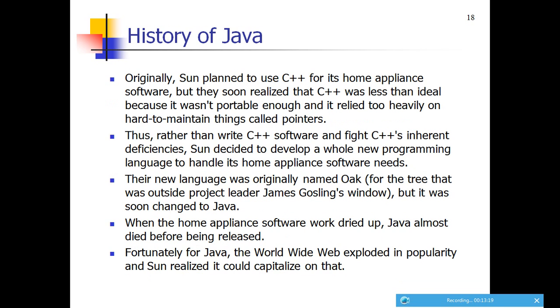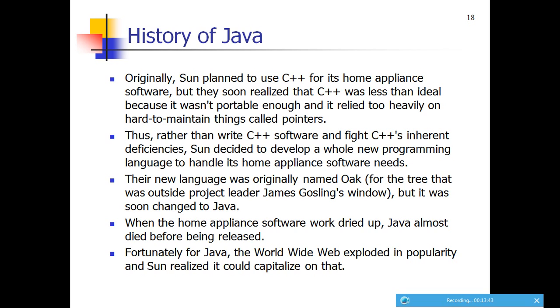Originally Sun planned to use C++ for its home appliance software, but they soon realized C++ was less than ideal because it was not portable enough, and it relied too heavily on the hard-to-maintain thing called the pointer.